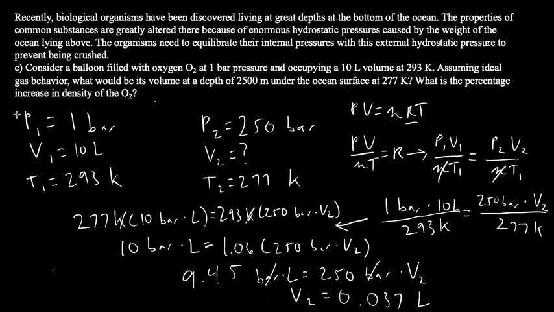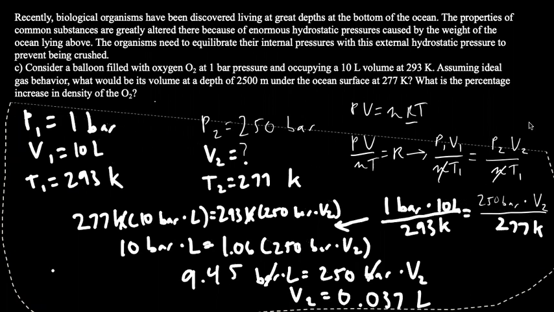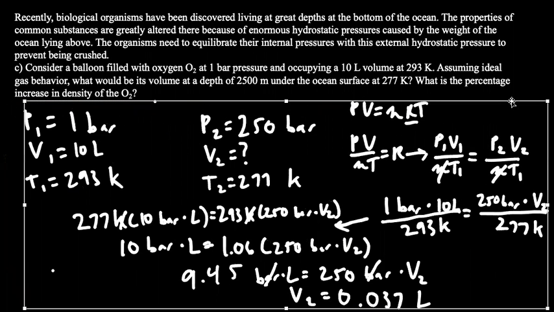Now we're asked to calculate the density change. And that was the first step to calculating our density change. So let me just select this here, move it over a bit so I have more space.